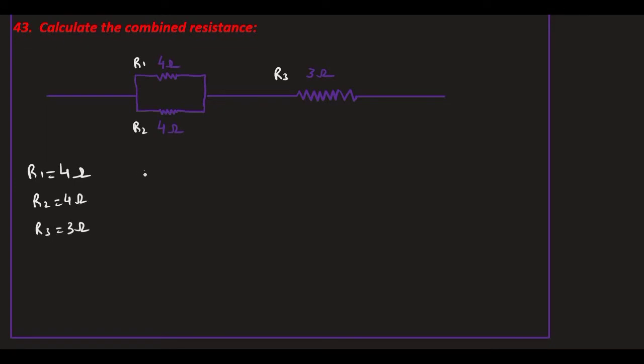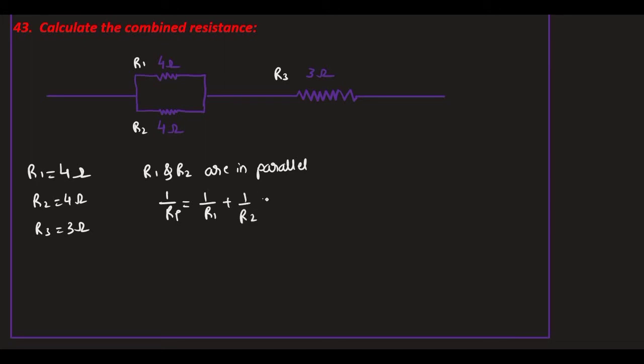R1 and R2 are connected in parallel, and we know that the formula for the parallel connection is 1 by Rp is equal to 1 by R1 plus 1 by R2.